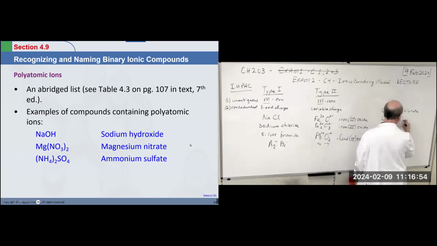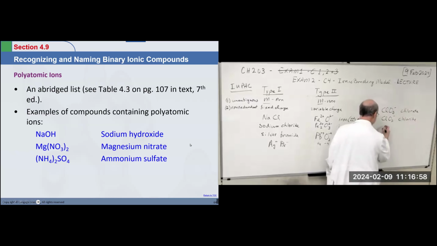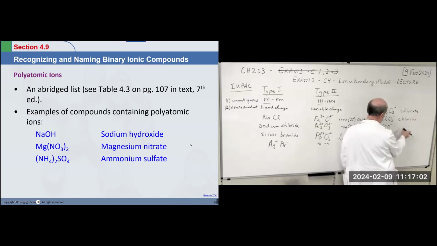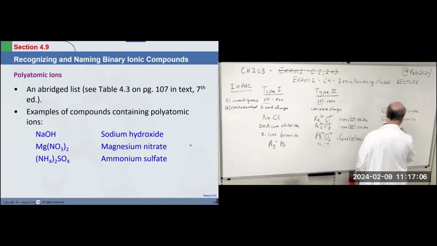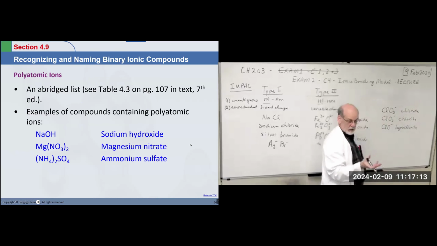Now this is chlorite. And if we take another one away from it, we don't have a suffix that'll accommodate that, so we put a prefix in here and say hypochlorite. Hypo, underneath. Hypodermic, under the skin.